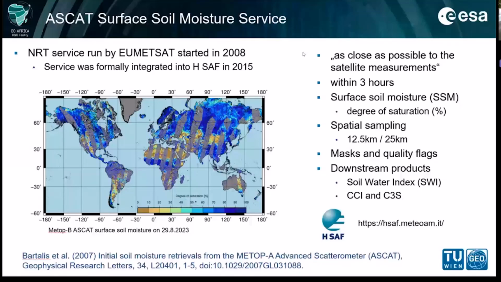The specification of that particular product came mostly from the meteorological community, who said they wanted soil moisture data as close as possible to the satellite measurements. They also made the very important requirement that the data must be as near real time as possible, meaning within 3 hours after sensing.